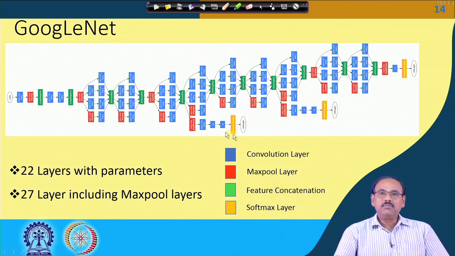Here this diagram shows the architecture of the GoogleNet, where every blue box represents a convolution layer, every red box represents a max pool layer, and the green boxes represent the feature concatenation. All the features that you compute from the convolution layers or after the max pool layers are concatenated together to give you a feature map.